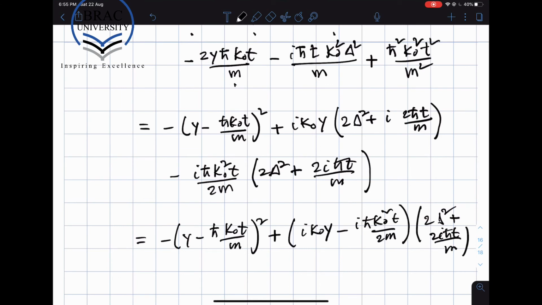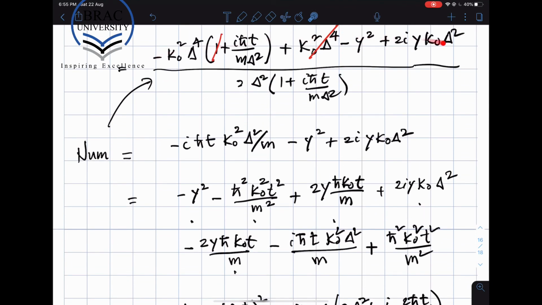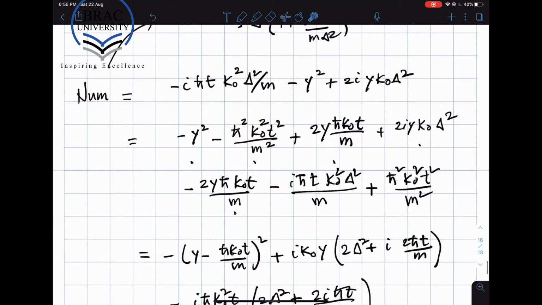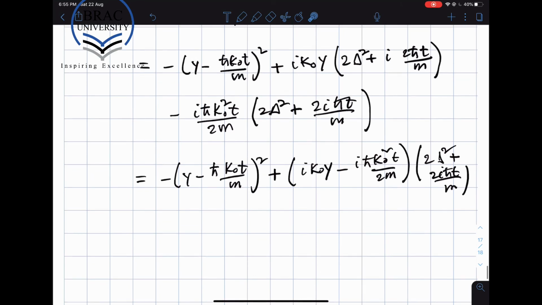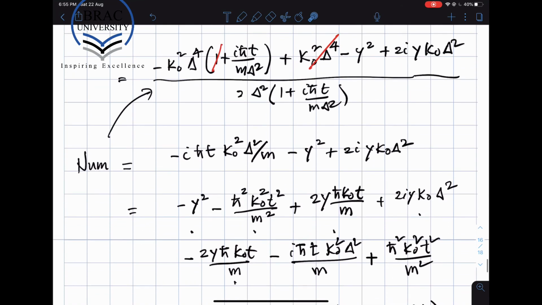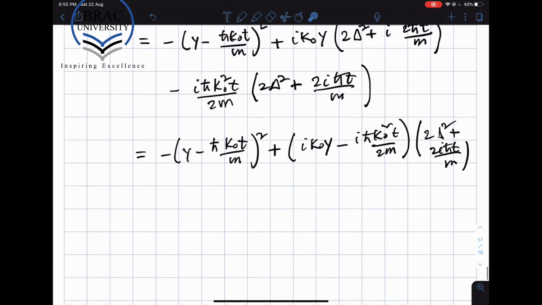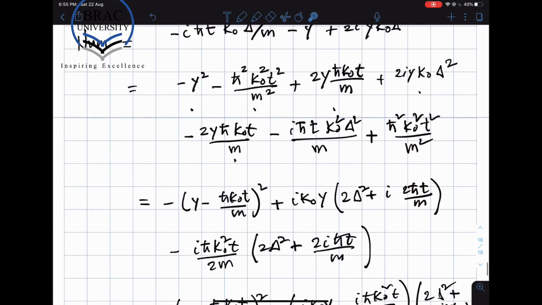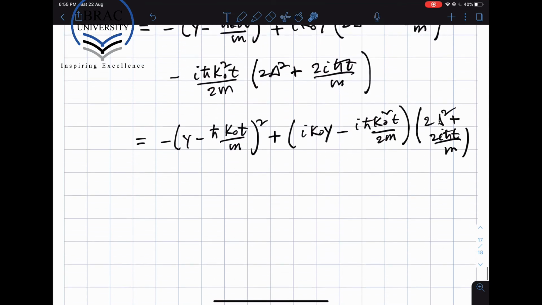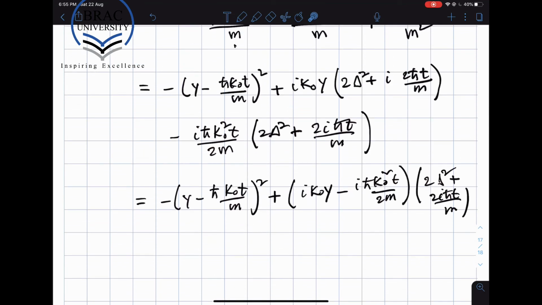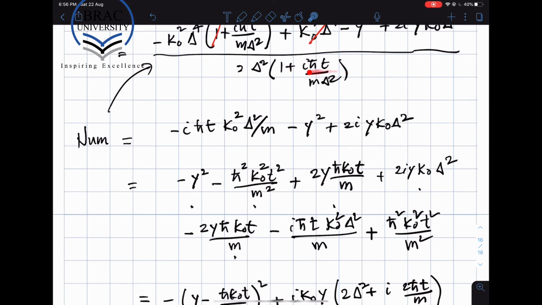So now if I look at the whole argument of the exponential, it had this 2 delta squared times 1 plus i h bar t by m delta squared common, and we see that that will cancel out this, because if I take 2 delta squared common from this, I just get exactly this thing.